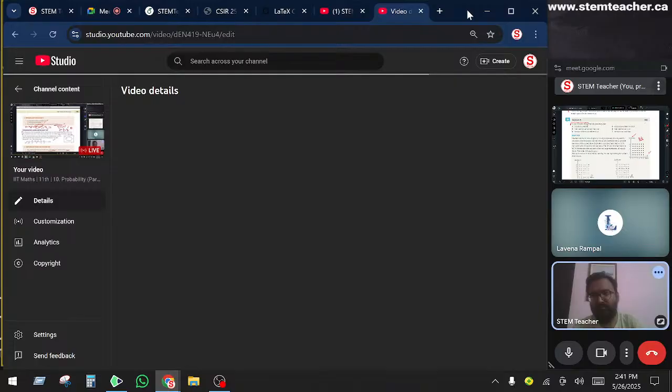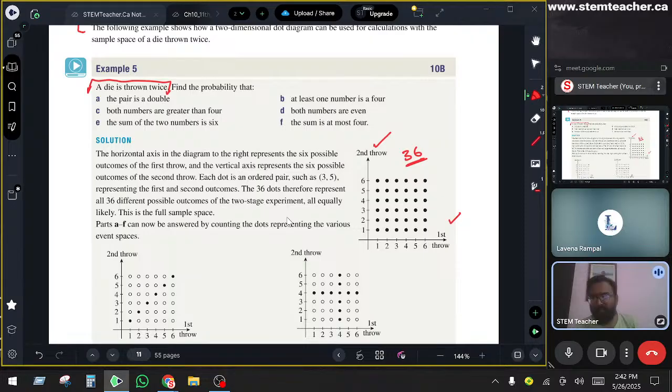Okay. What is a pair is double? This is the first case. What does a pair is double mean? You throw a die 2 times. So what is a pair is double?